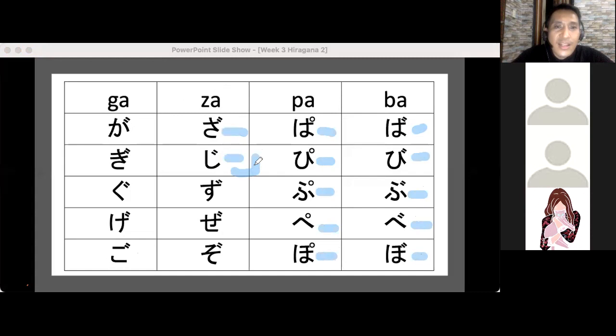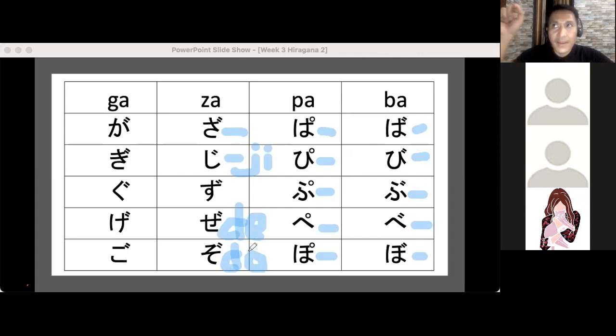G po ito na ganito pag nagbabasa tayo. Parang ganito yung tunog niya. G. This one is zu. And then this one is de. And this one is do. Okay. So de, zo, do.